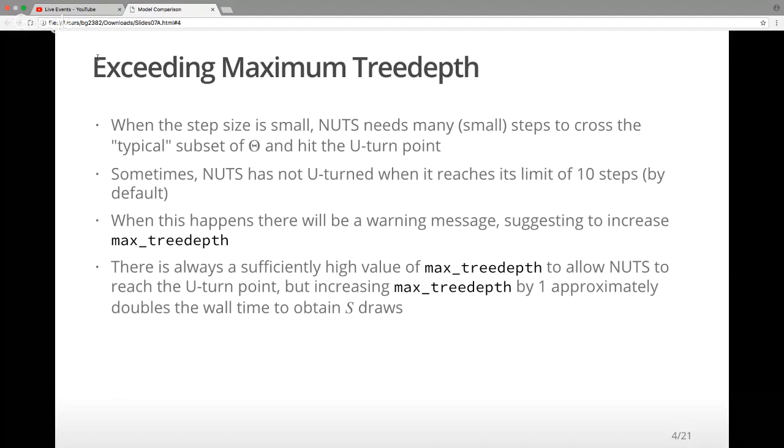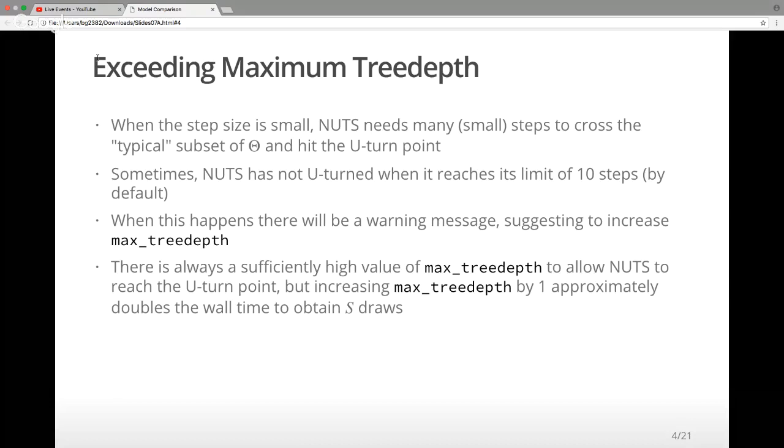When this occurs, there'll be a warning about max tree depth, suggesting to increase that. The default in regular Stan is 10. In rstanarm, it's bumped up to 15, again to make it less likely that you see this message. But sometimes you will, in which case you should probably increase max tree depth by like 1.